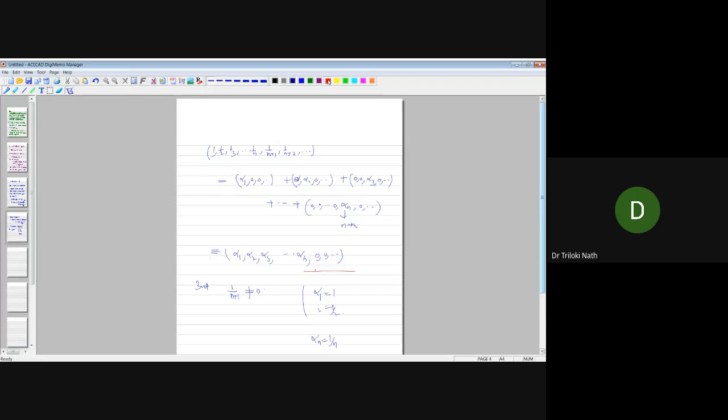See, after alpha n, what you have is 0, then 0, again 0. But here you have 1 upon n plus 1, 1 upon n plus 2, and so on. So this cannot be 0 for a natural number. And therefore x is not a linear combination of vectors in S.